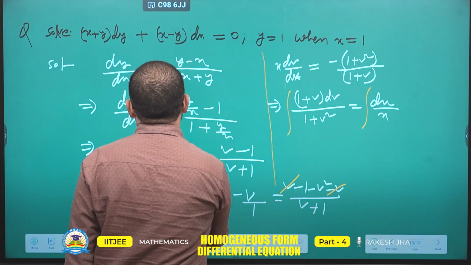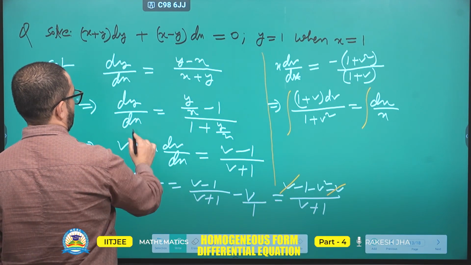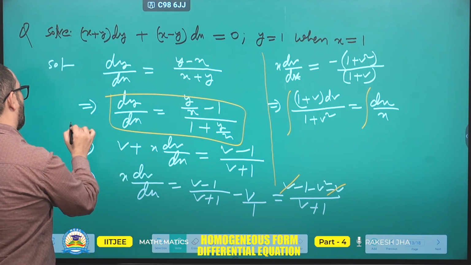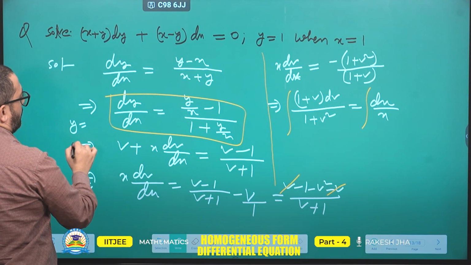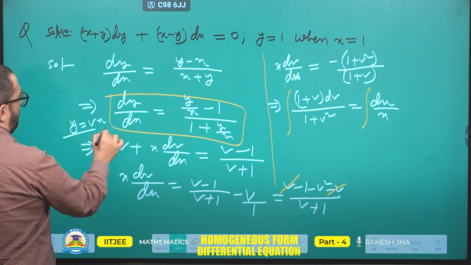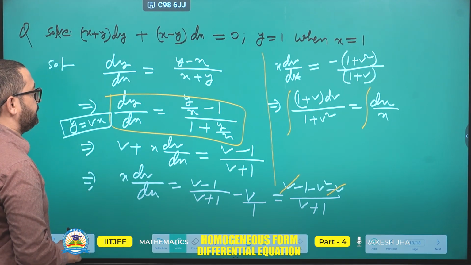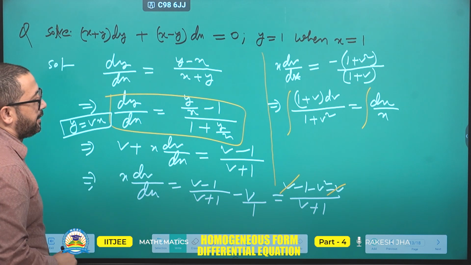So here all the substitutions I have already done, same method. In place of y we have substituted vx. So basically dy by dx became x dv by dx, and we have differentiated it.